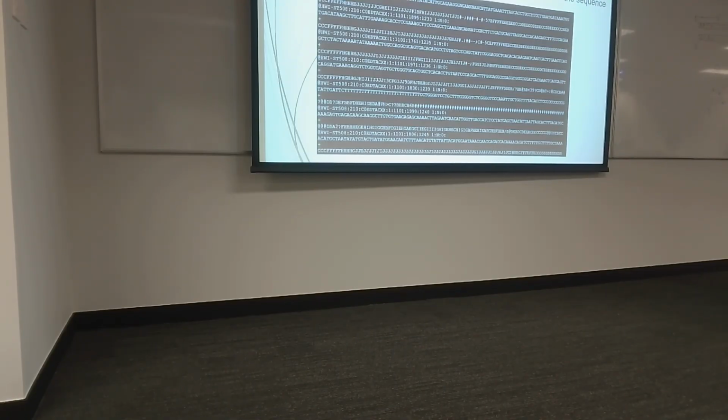The first line is the sequence ID. For example, this one, a very comprehensive, very long name. This is the name of that read. For each read, there is one ID. The second line is the real sequence.